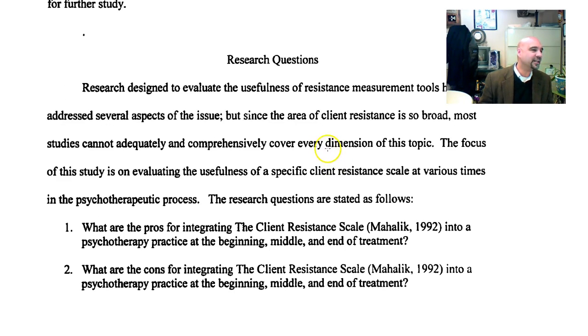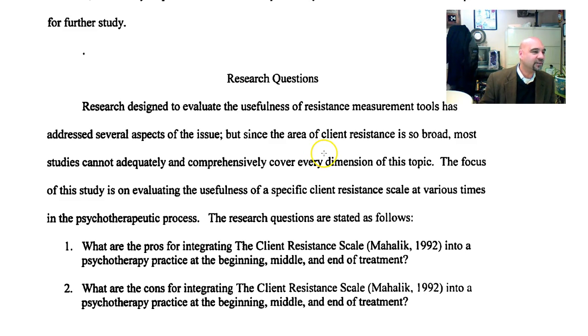The research designed to evaluate the usefulness of resistance measurement tools has addressed several aspects of the issue, but since that area of client resistance is so broad, most studies cannot adequately and comprehensively cover every dimension of this topic. The focus of this study is on evaluating the usefulness of a specific client resistance scale at various times in the psychotherapeutic process.